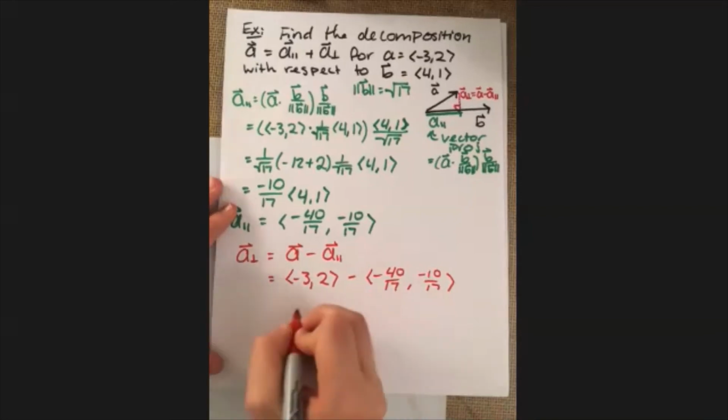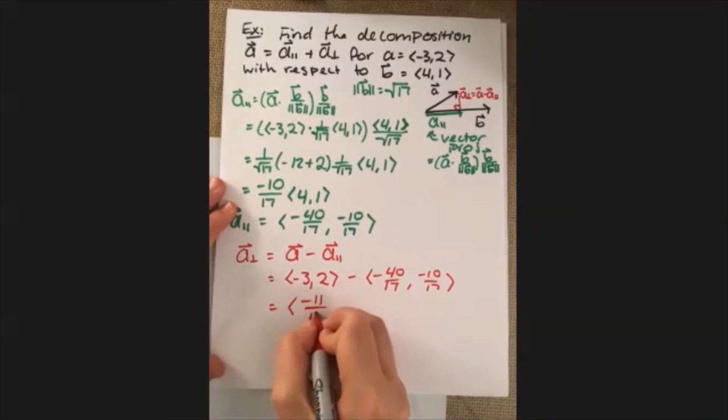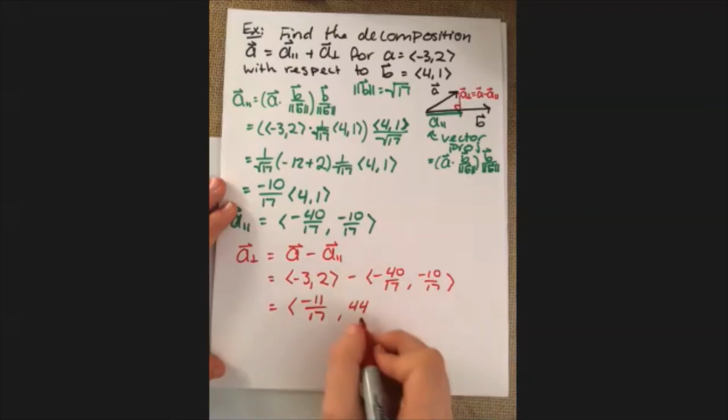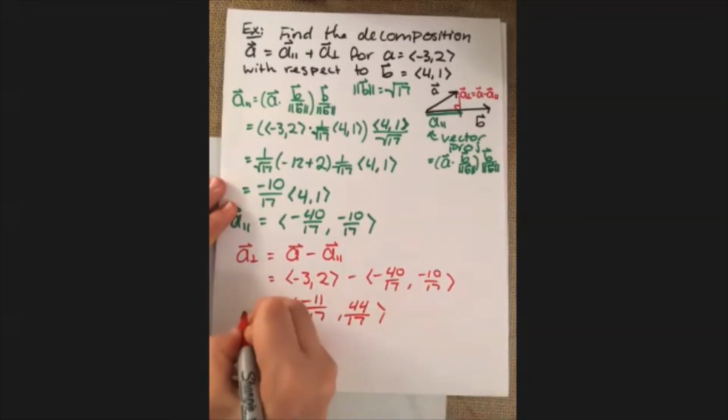This winds up being equal to -11 over 17, and then 44 over 17. So that's our A perp.